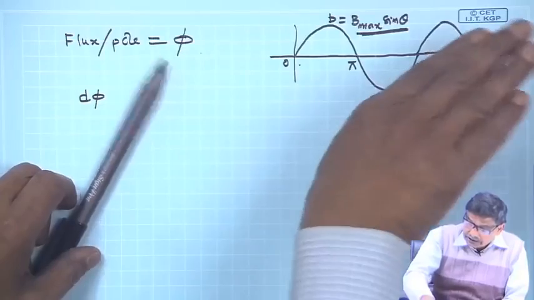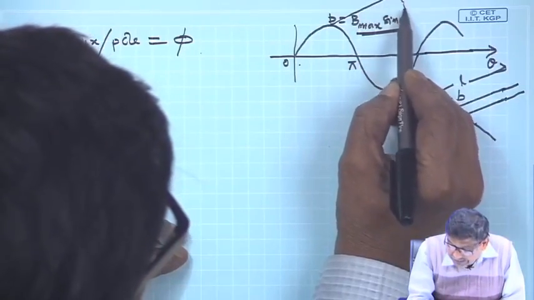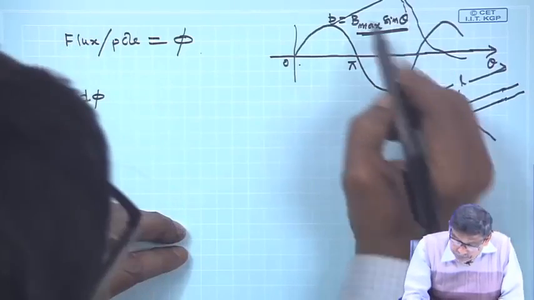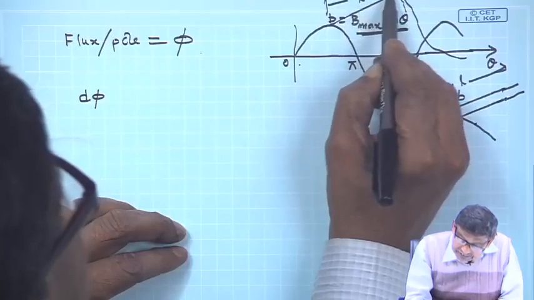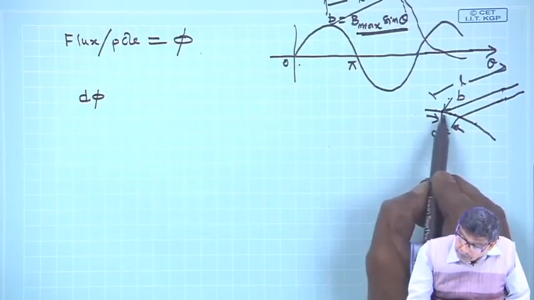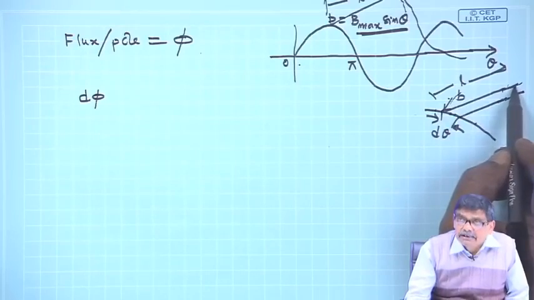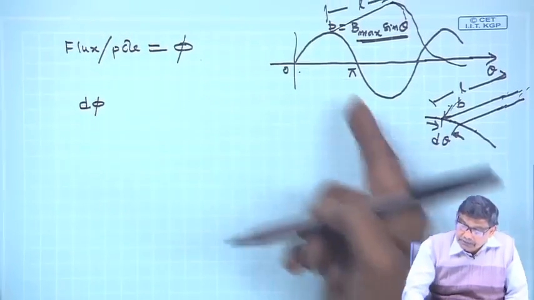So it is sinusoidally distributed; in 3 dimensions it will look like this. This is the length, you have got the point. At a particular position, B over the length L is constant, B max sin theta.